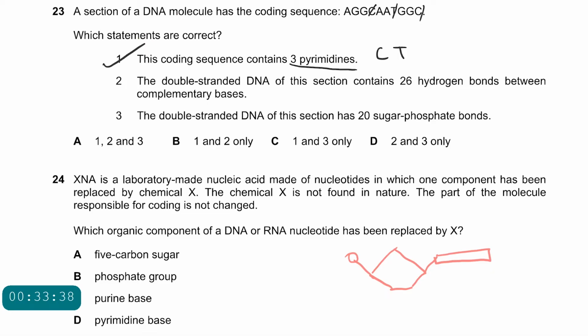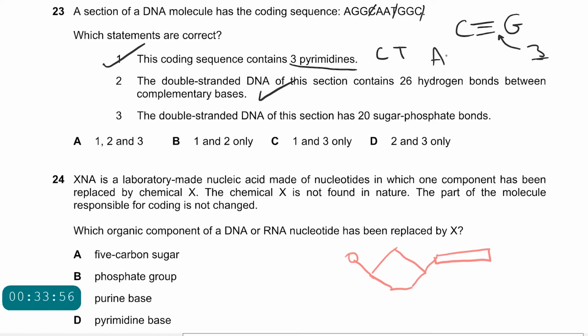Number 2. The double-stranded DNA of this section contains 26 hydrogen bonds between the complementary bases. This is correct because there is a general rule that we have to know. Cytosine binding with guanine forms 3 hydrogen bonds between them, but adenine binding with thymine forms 2 hydrogen bonds.